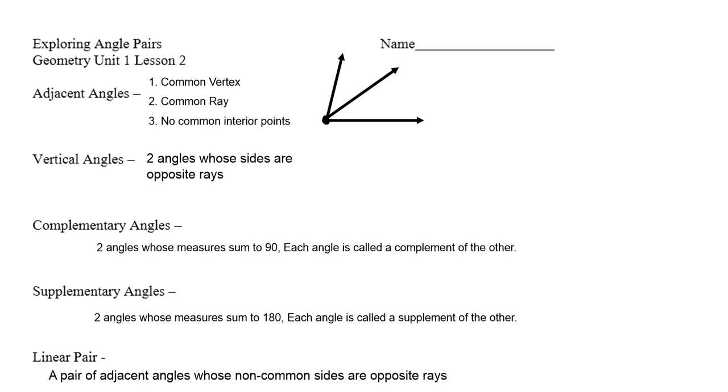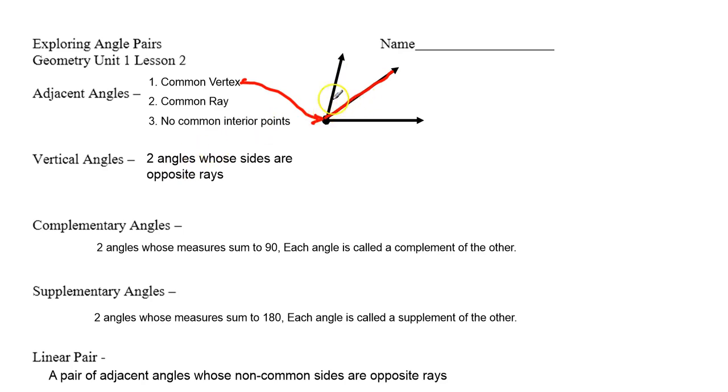Now let's talk about what are those points when we're referring to the common ray. The common vertex is going to be this point right here. That's the vertex. The vertex is the point where these two rays meet. And then the common ray, obviously, would be this line right here. So they're next to each other. When you use that word adjacent, it means next to.